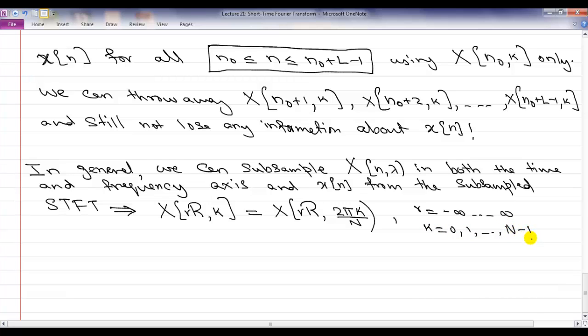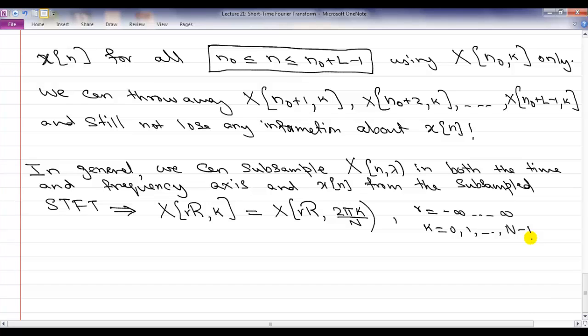What this is saying is that in the time direction, in the time indices, you can throw away all R minus 1 samples of your short time Fourier transform and just keep the rth sample. And in the frequency axis, you can throw away all values except N samples and still recover x[n].